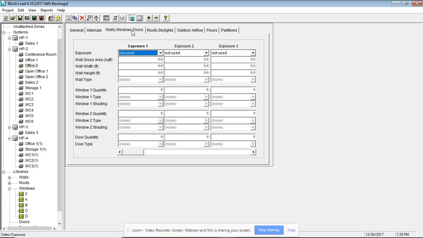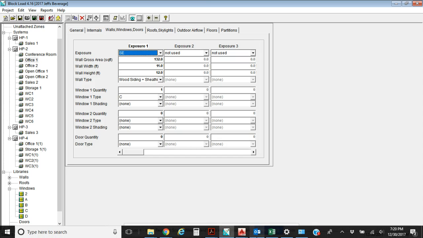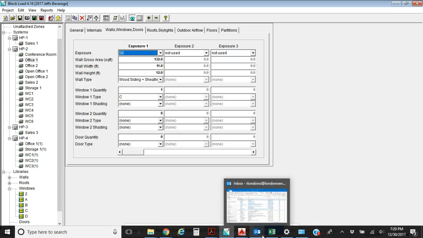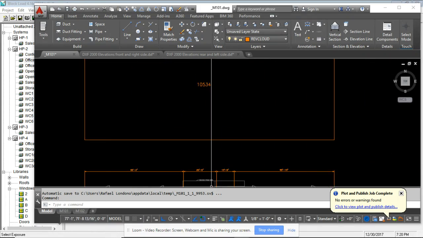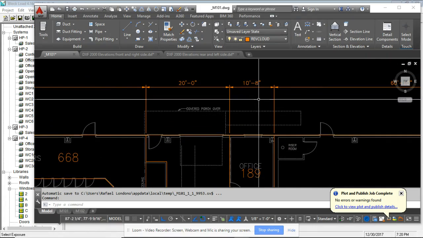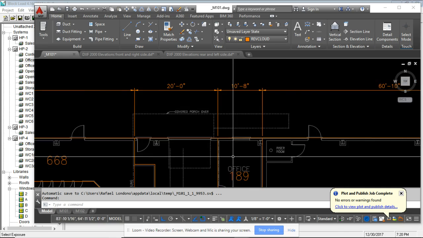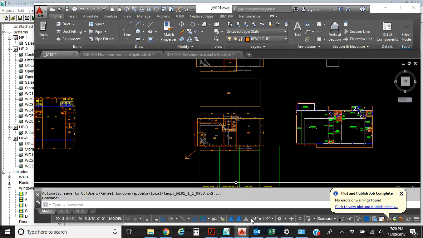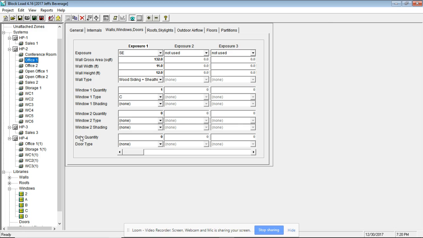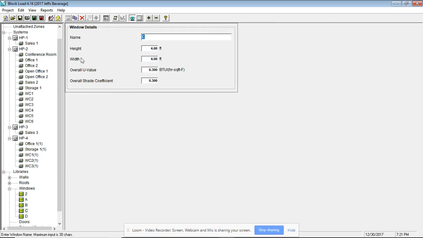Walls, windows, and doors. Let's double check office one. Make sure that I did that right. It's got one wall facing southeast, and it's 11 feet. Let's double check that. 10'8", which is 11 feet. There's a window there. Okay, and I think I measured that window, and I'm pretty sure I entered that. It's got one window, window C, that's 4x4.